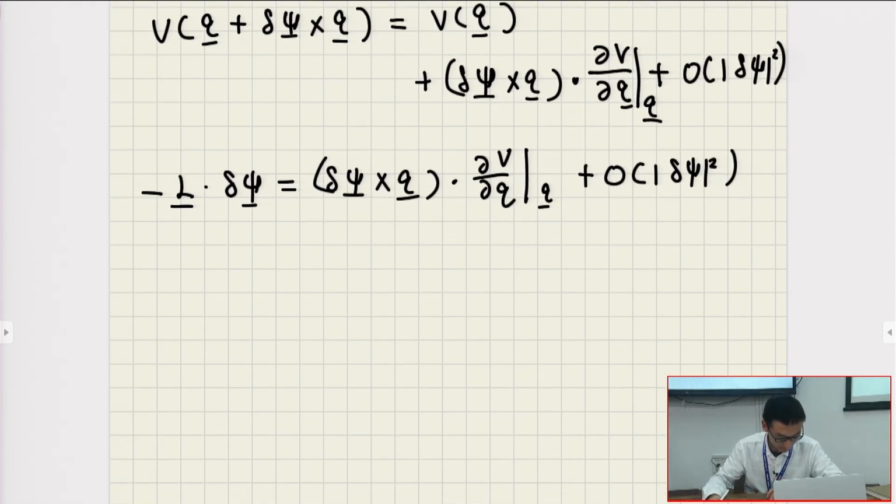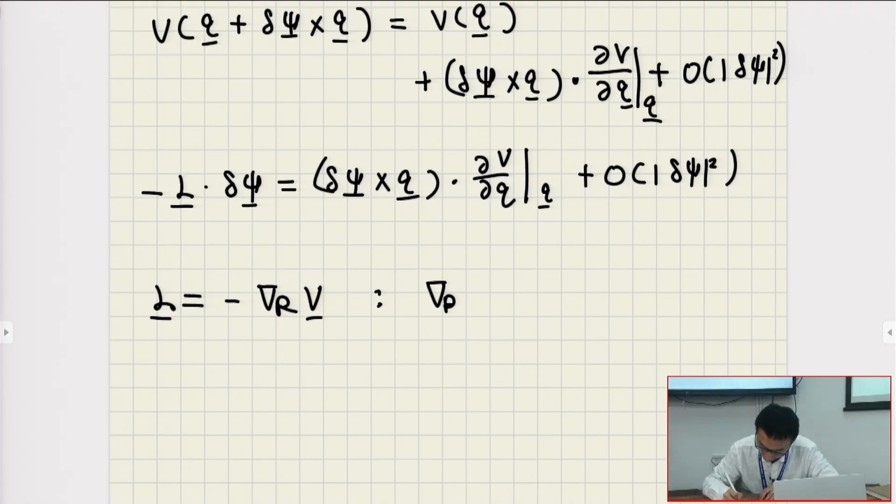So which means we can write this in the following way. We can have L be equal to minus grad R of V, so long as we define grad R as Q cross the derivative with respect to Q.